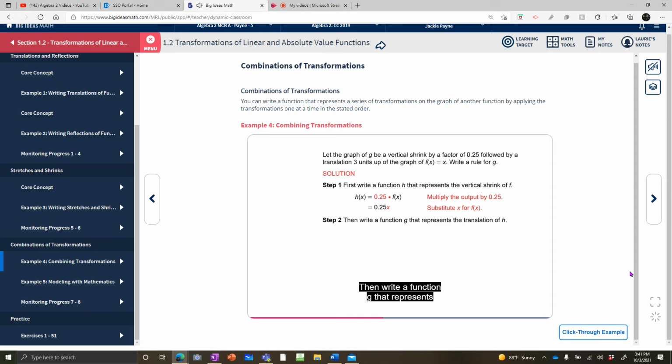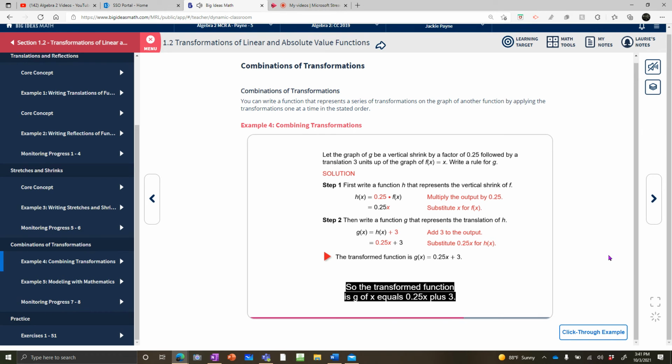Step 2. Then write a function g that represents the translation of h. Add 3 to the output, or h of x. Write g of x equals h of x plus 3. Substitute 2500 x for h of x to get 2500 x plus 3.